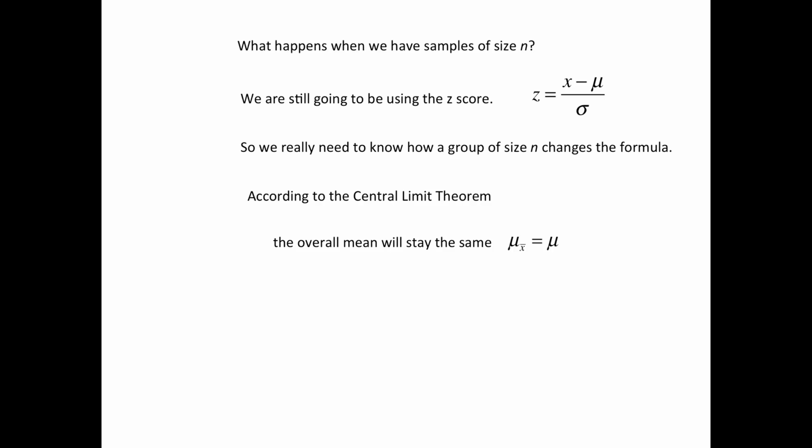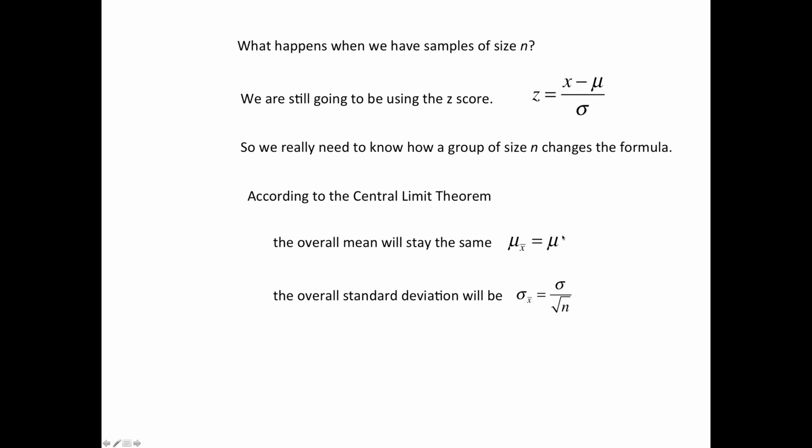You take all the groups of size 35 and you find the mean. It turns out that the mean of all of those means is going to equal the overall mean.